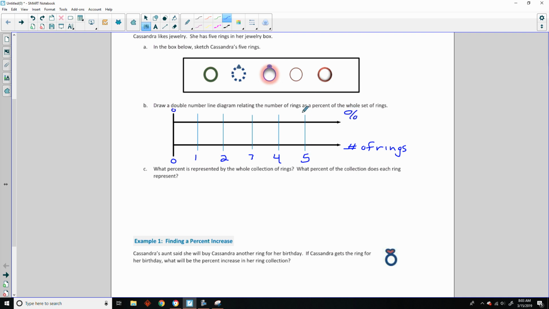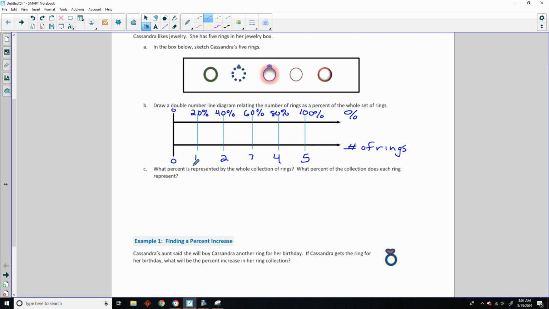Well, 5 out of 5 is 100%. 100 divided by 5 is 20, so each one of these is 20%. 40% would be 2 out of the 5 rings, 60% would be 3 out of 5, and 80% would be 4 out of 5 rings. So we have 20, 40, 60, 80, 100, and 1, 2, 3, 4, 5 number of rings.